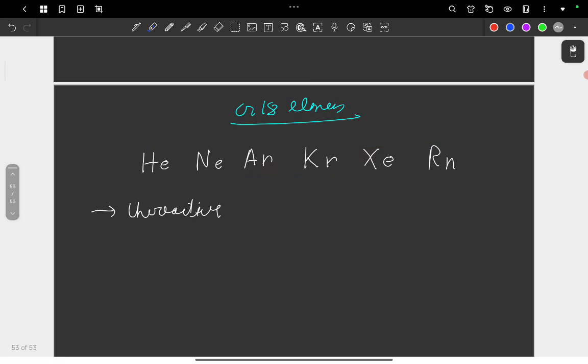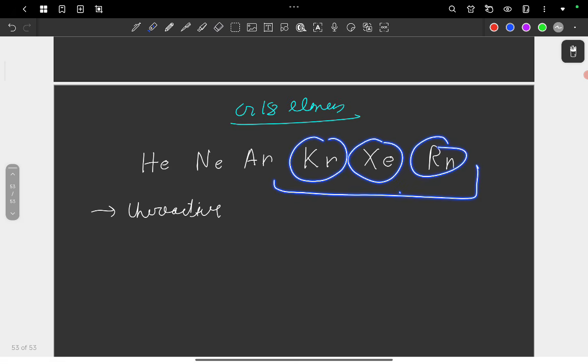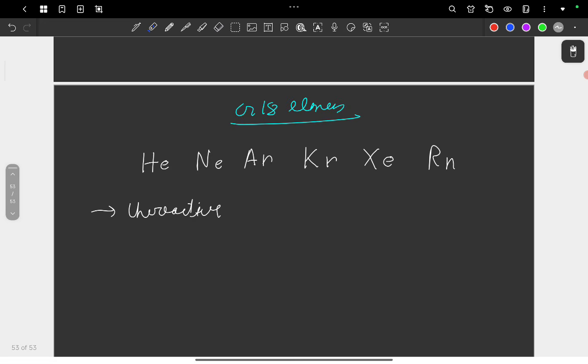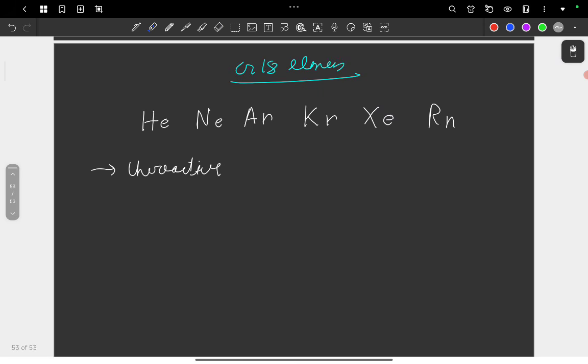It is not no compounds, it is very few compounds, because xenon and even krypton and radon are found to have made successful compounds which have been stabilized and isolated in the past. So they are not exactly completely inert, but they are quite unreactive, which means that even for making these compounds, you have to create extremely reactive conditions. So, which is why they are termed as mostly inert.